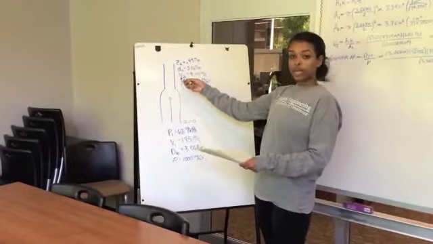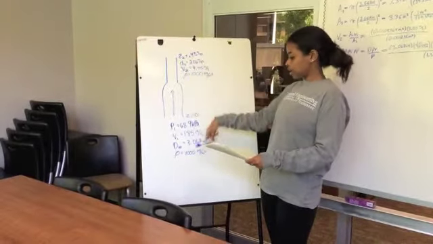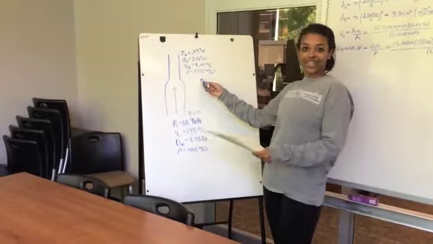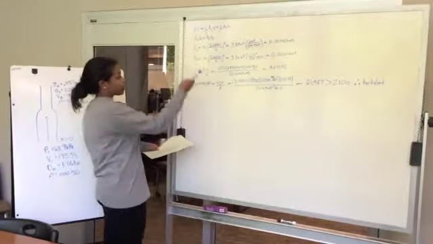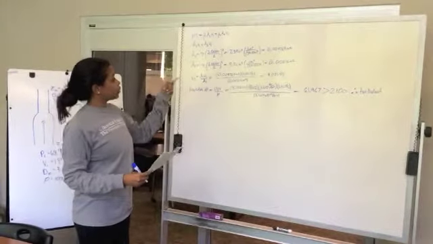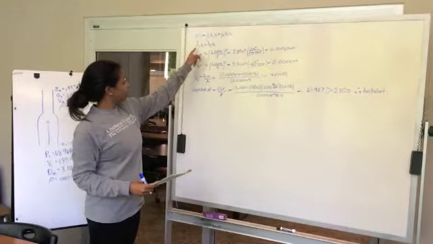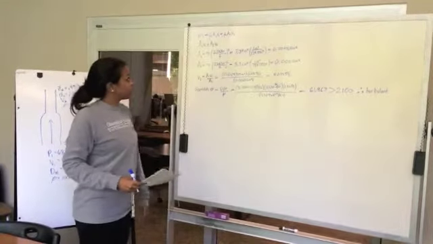Our V2 is what we calculated in part A, and our density is the same in the inlet and the outlet. So for part A, we set up a mass balance equation. The densities, density 1 and 2, will equal each other, so they'll cancel out, and you're left with A1 V1 equals A2 V2.